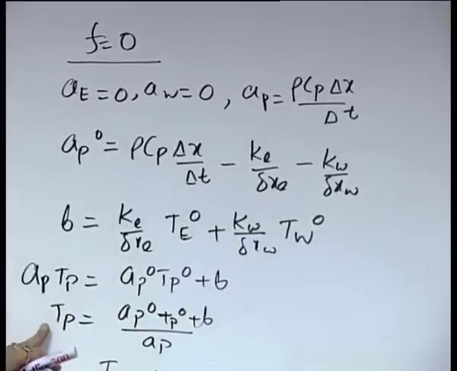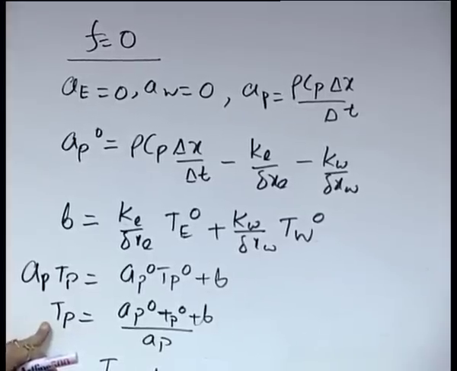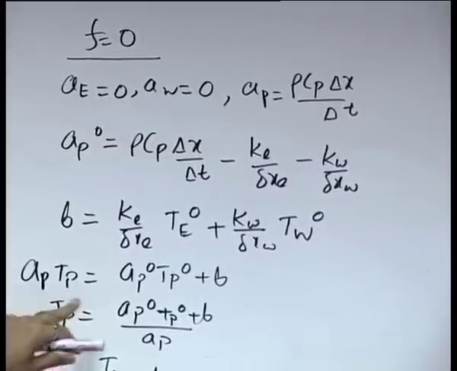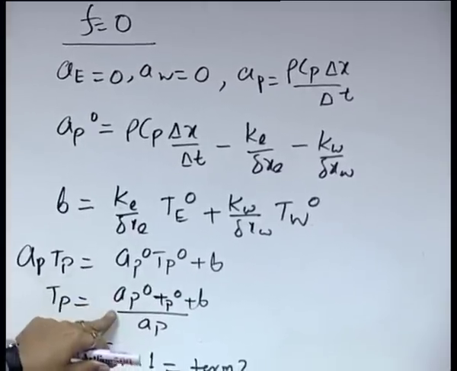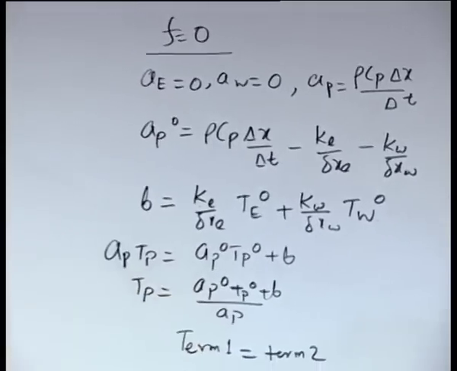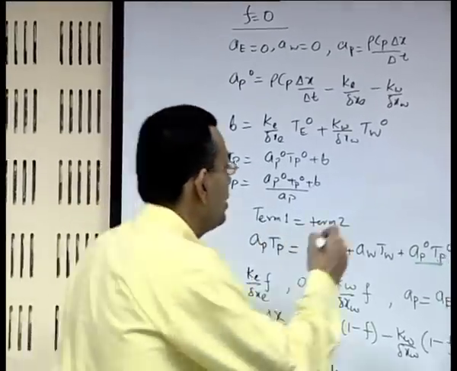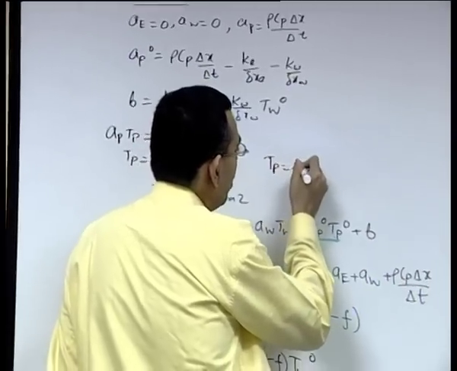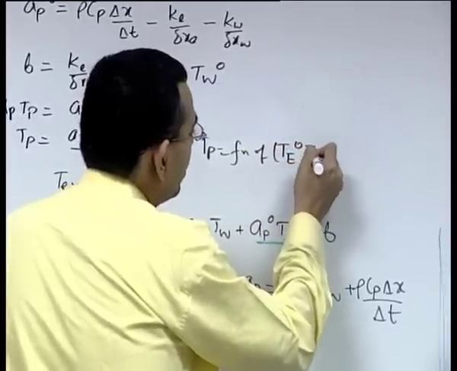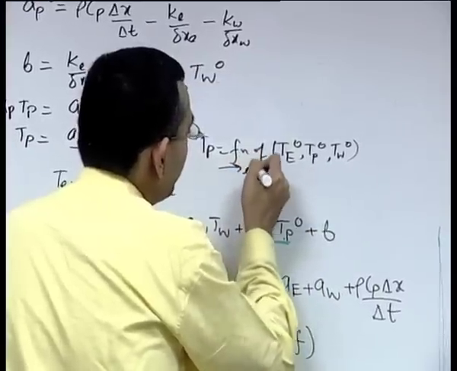That the temperature at the point P at the current instant of time, that is at the end of the time step, you can express explicitly as a function of the temperature at the same point at the beginning of the time step plus at the neighboring points at the beginning of the time step. So that TP is a function of Te0, TP0, Tw0 expressed in an explicit form.